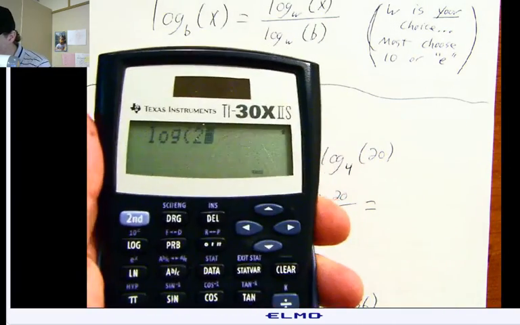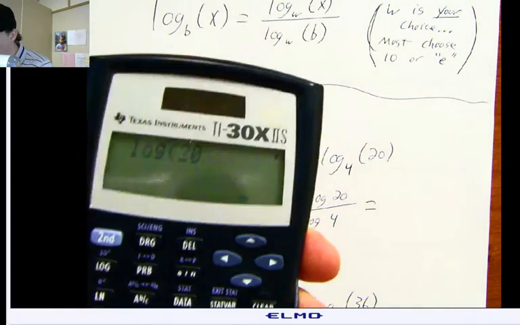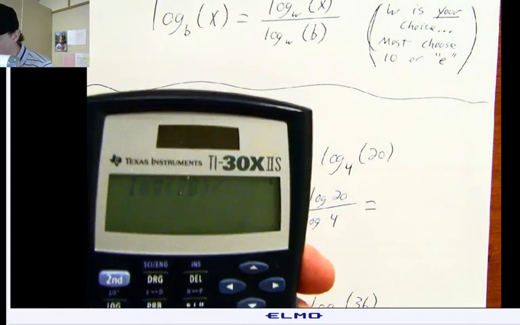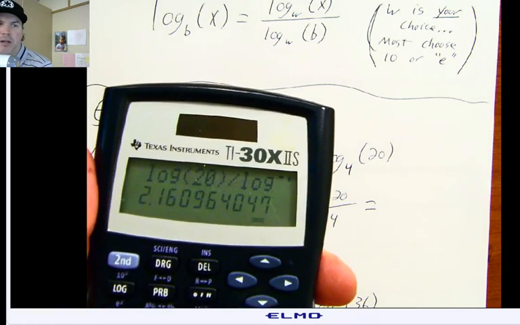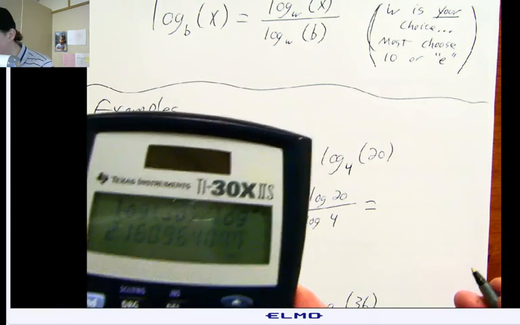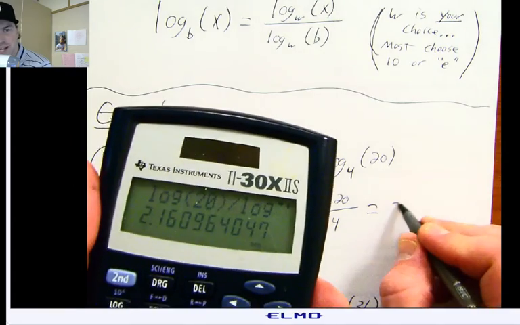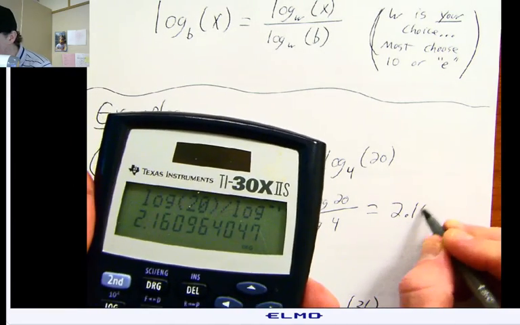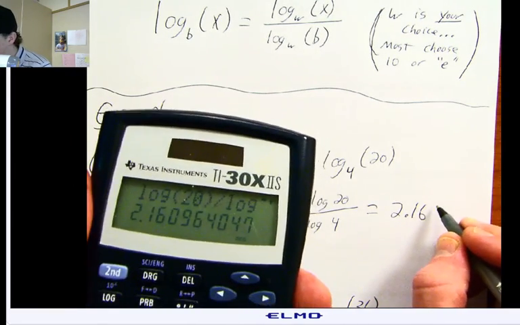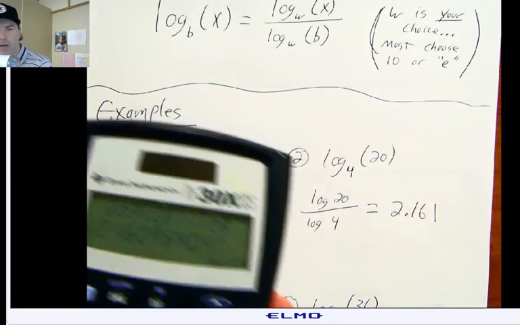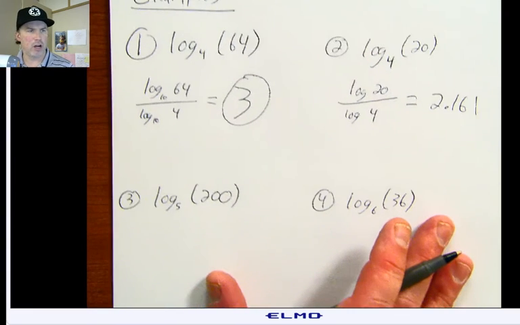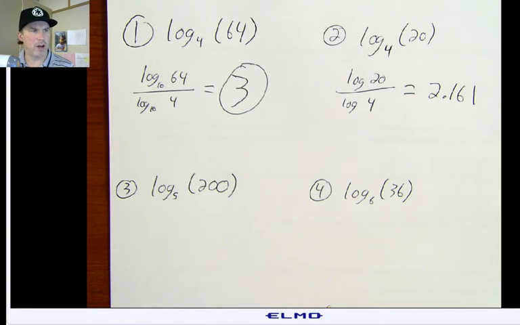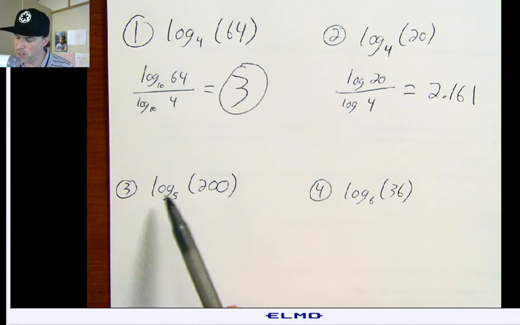So log 20, close parentheses, divided by log 4, and 2.16. We go to 3 decimal places in this class, so 2.161, because that 0 rounds up to a 1.